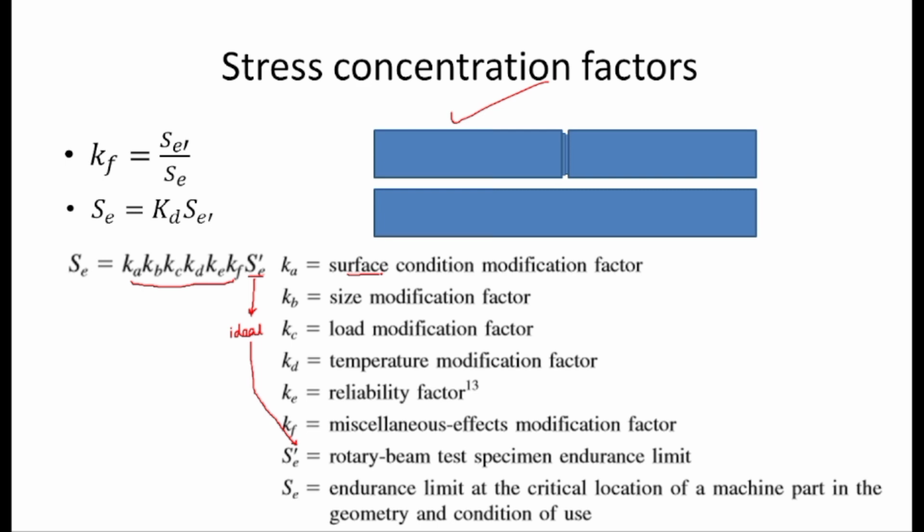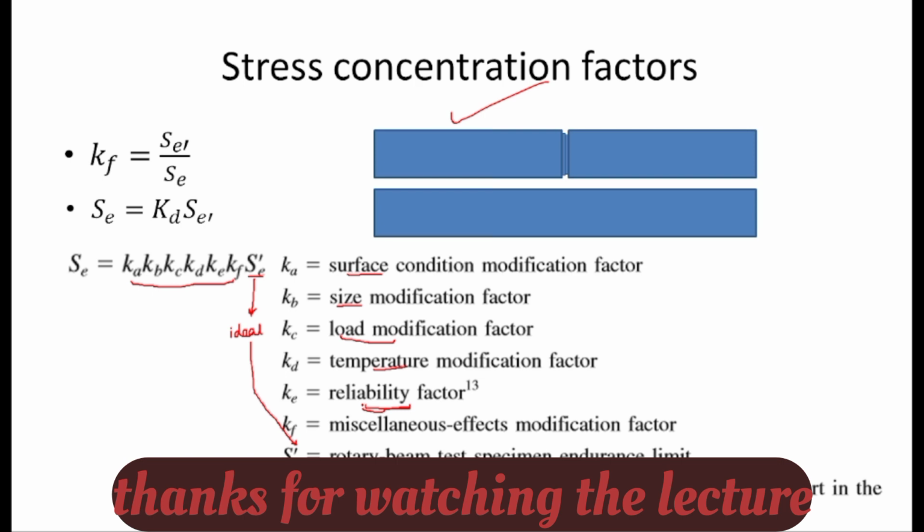Its size will also be different, the load conditions under which it is tested will be different, and the temperature where the test was carried out will be different. A reliability factor is also introduced to the equation, and then at the last we have the miscellaneous impact.